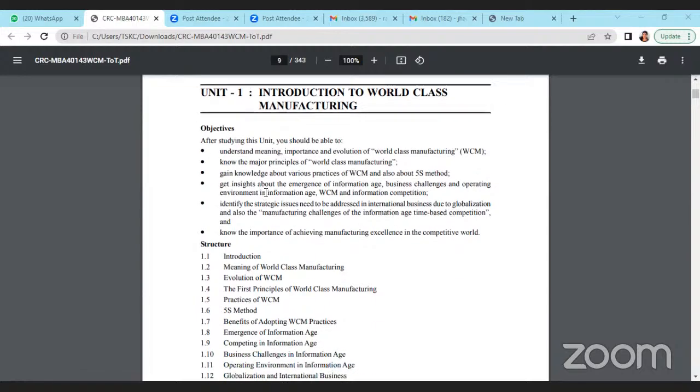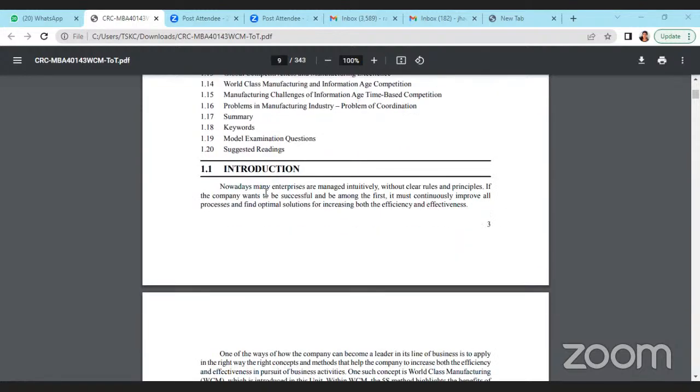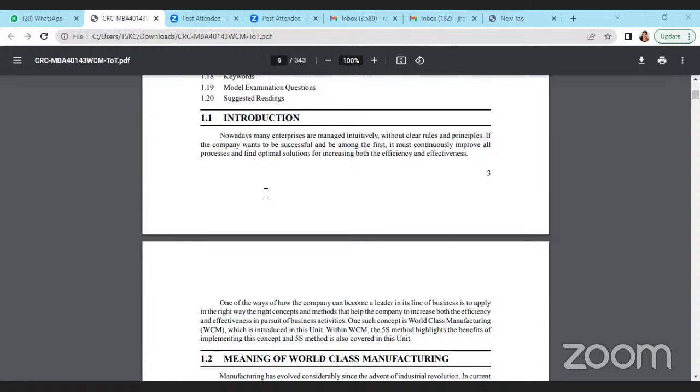Introduction to world-class manufacturing: from where has this term evolved, and why is it mandatory? Because if you don't have any standards or any regulating authority or board, the productivity, efficiency or performance of any organization or employee is going to remain stable and constant, neither increasing nor developing the organization.